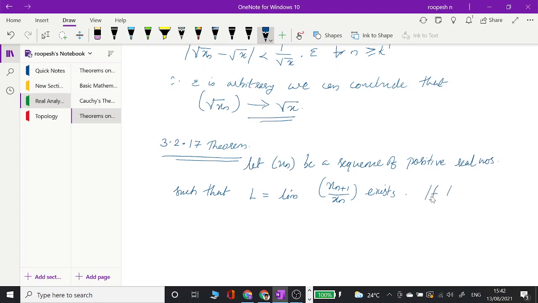Now, if this L value is less than 1, then the sequence xn converges and limit of xn is equal to 0.